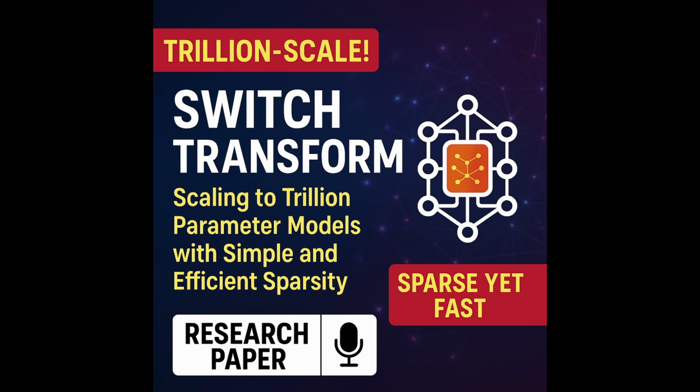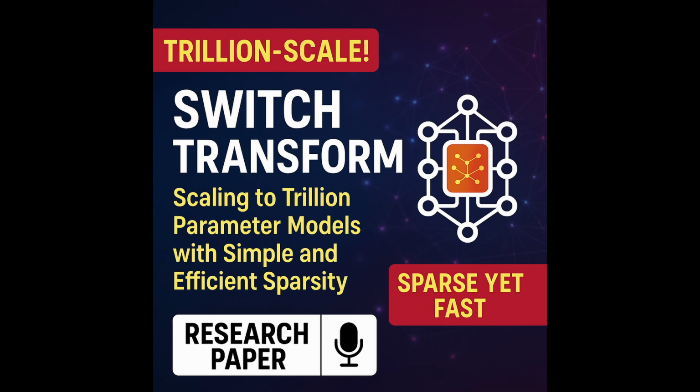Okay, so before we wrap up here, what are some of the key takeaways from this paper? Well, the paper highlights some really interesting things. One is that more parameters are good, even if you keep the computation per input the same. So just having more parameters in your model can actually improve performance.